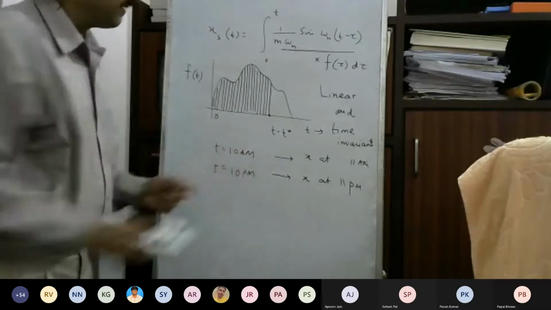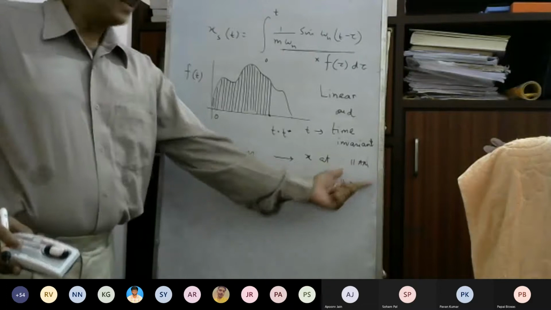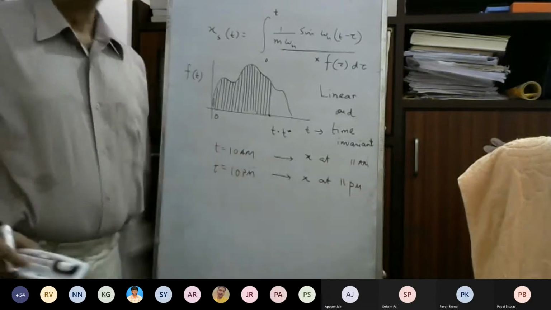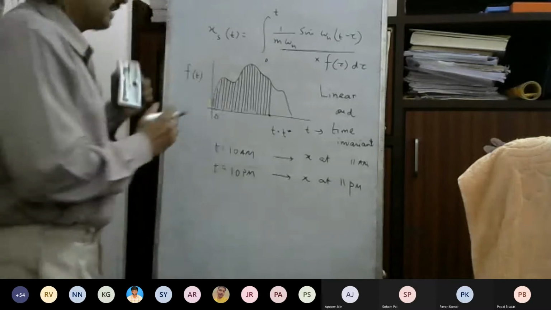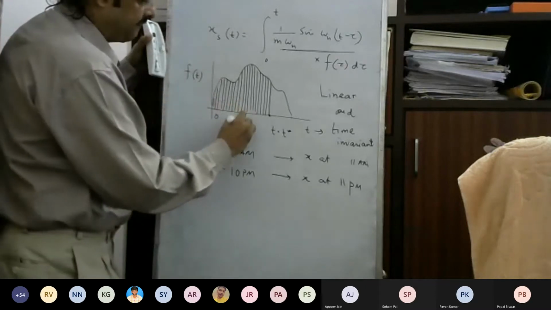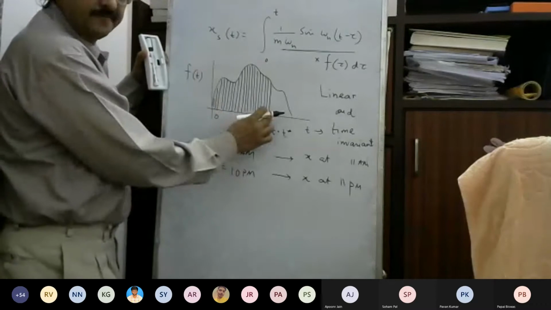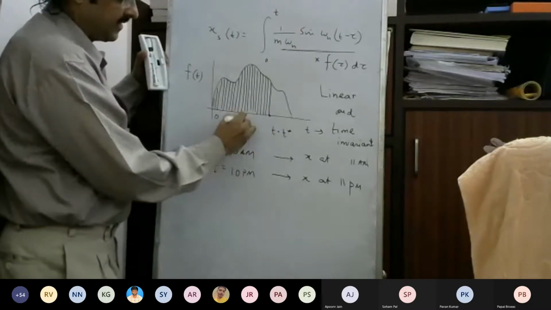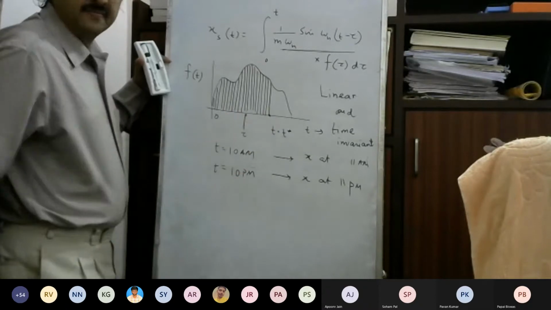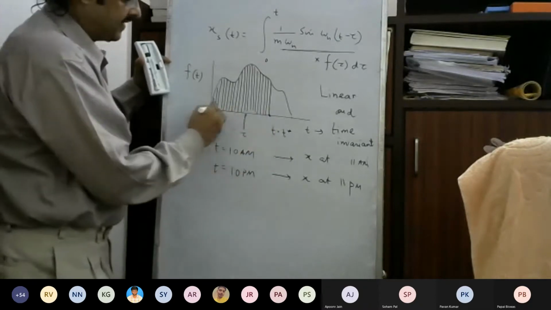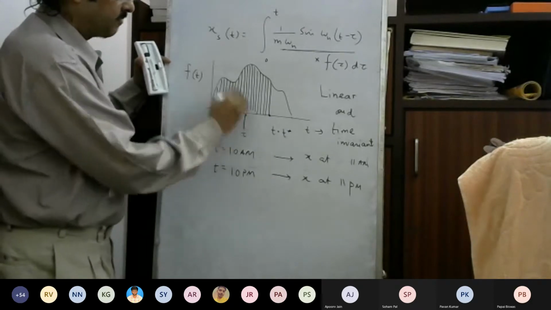So if you do the experiment at 10 a.m. and 10 p.m. and you get the response at 11 a.m. and 11 p.m., we expect the same result, same response. So what it means is that if I apply a force at this instant, let us say tau, and get the response at this t star, it will be the same as if you apply the force here at this point.